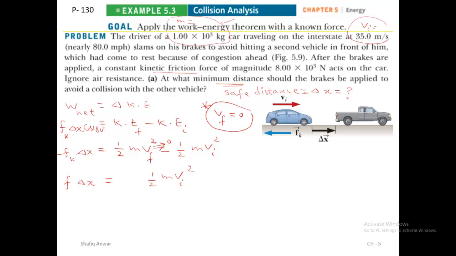Now F how much? Force of friction. This is force of friction, right? Force of friction is 8 times 10 raised to power 3 Newton. So 8 times 10 raised to power 3 delta x is equal to M, how much?